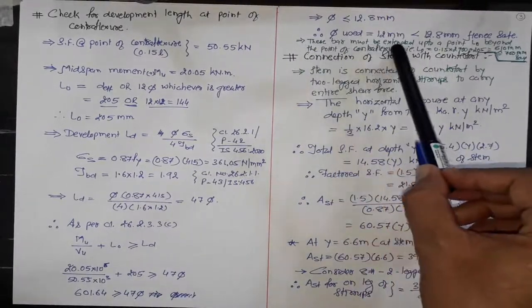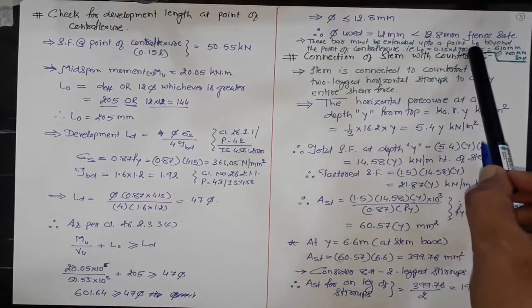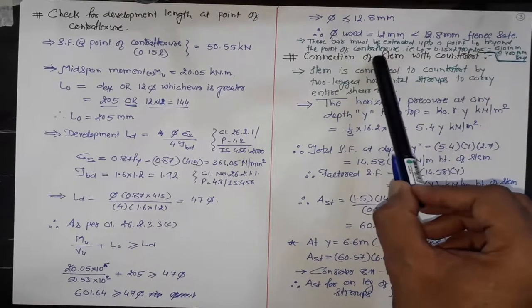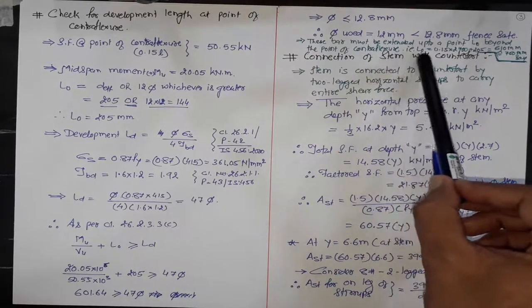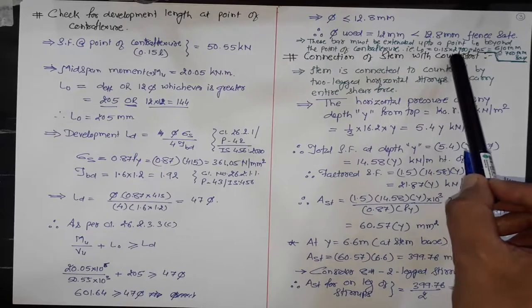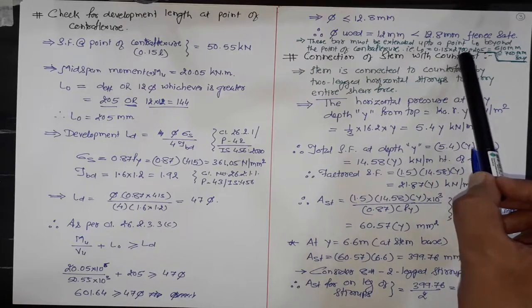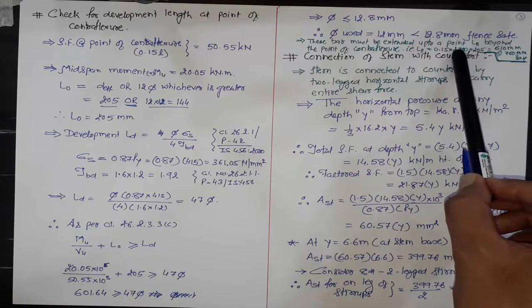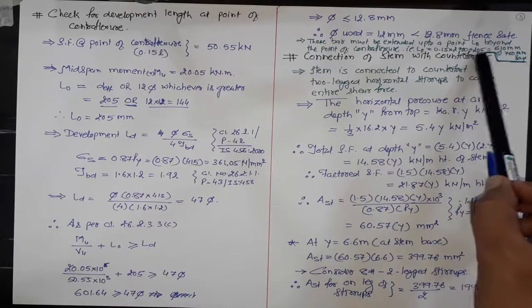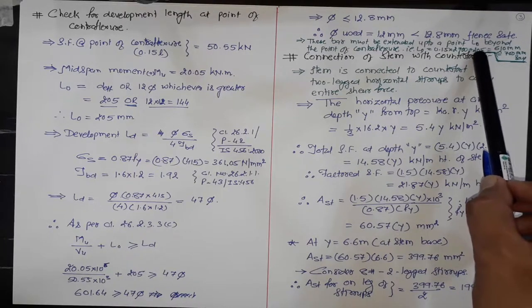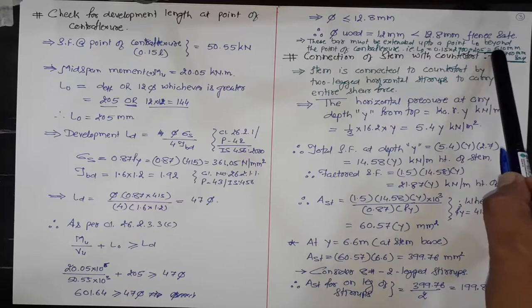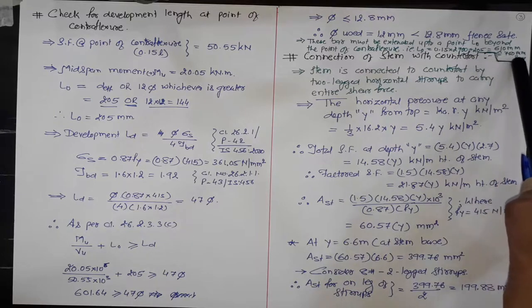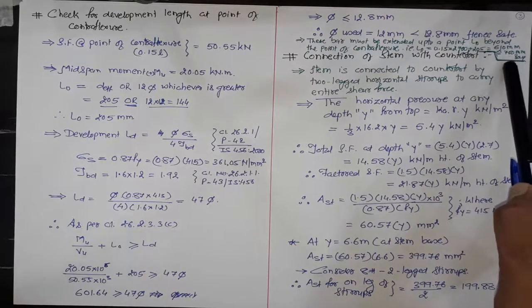These bars must be extended up to a point L0 beyond the point of contraflexure, that is L0 should be equals to 0.15 into 2700, the clear distance between the counterfort, plus effective depth of stem at base. This comes out to be 610 mm. We have rounded it to 700 mm.